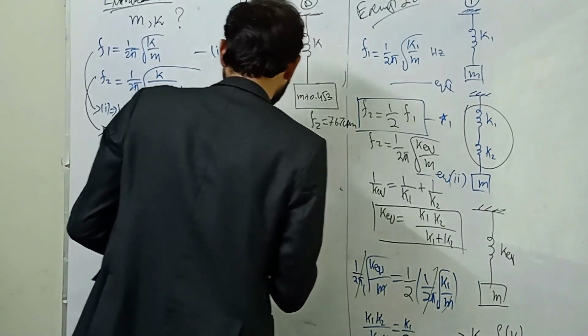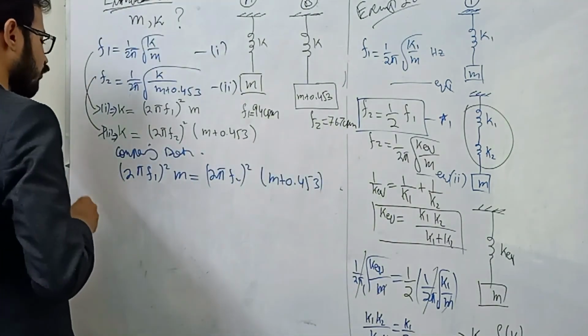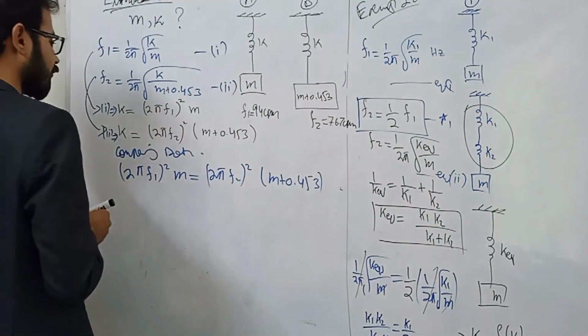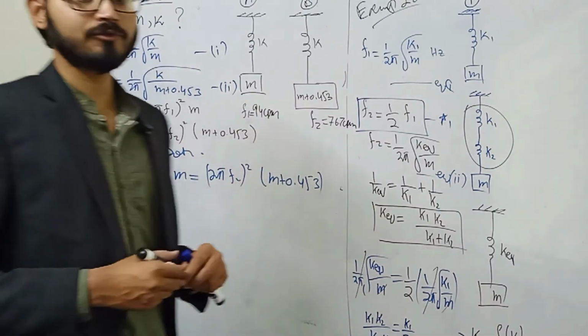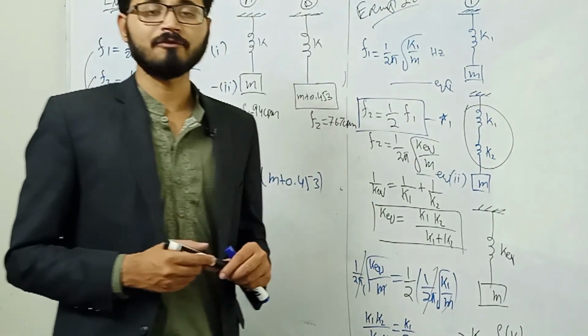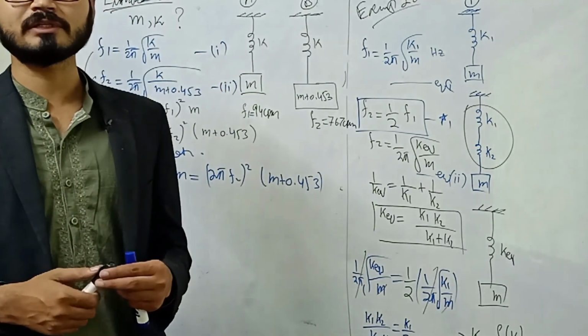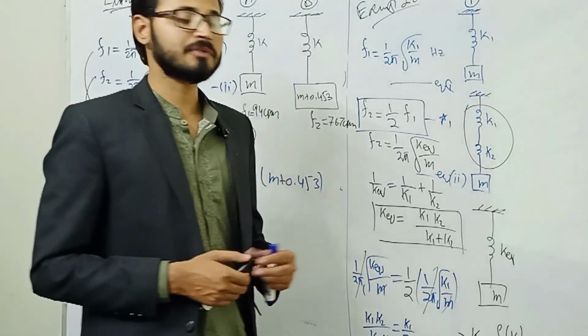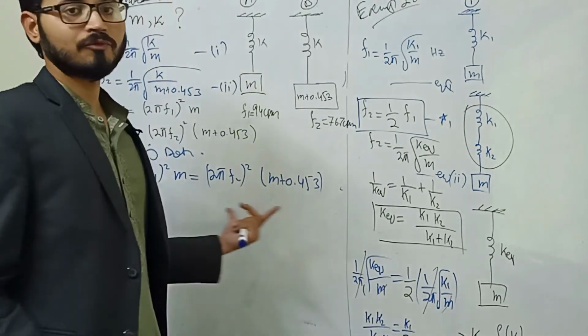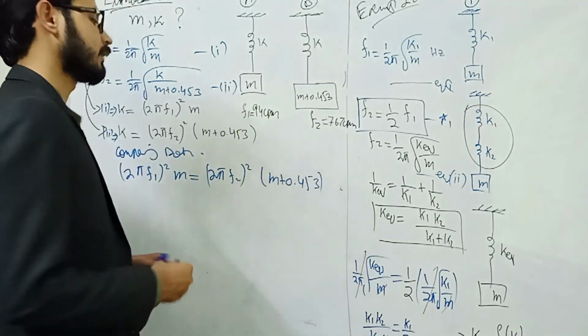Now putting the values of known parameters, for example f1 and f2, because f1 and f2 are both in cycles per minute, the same unit of frequency, we do not need to convert them individually.